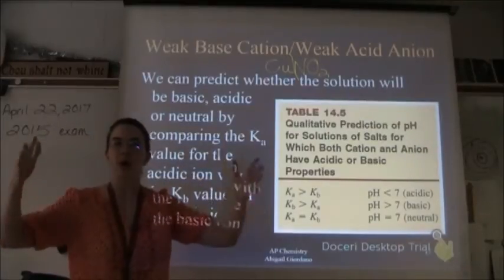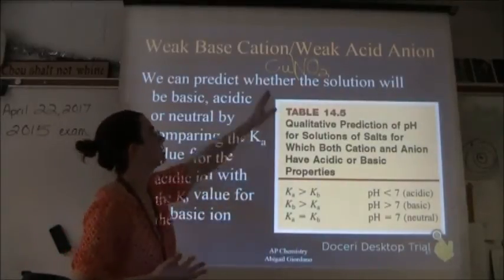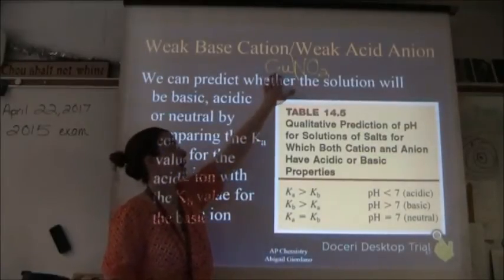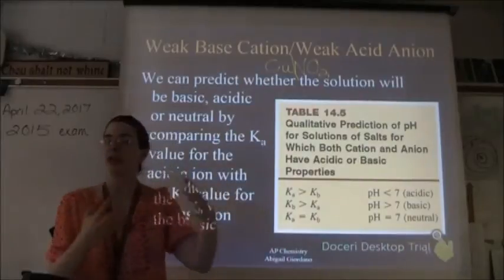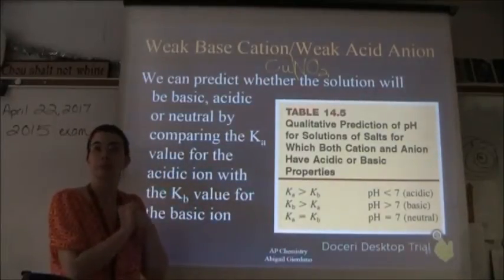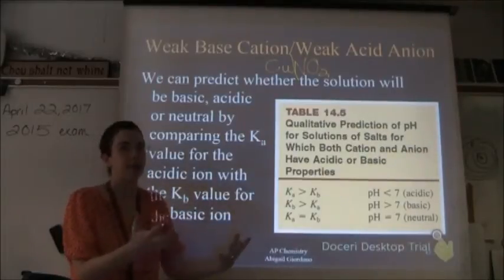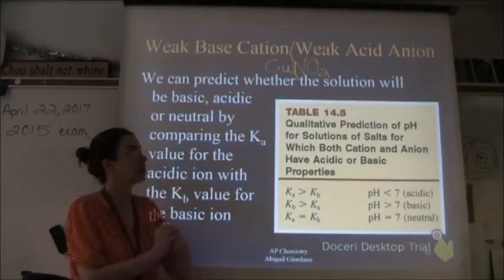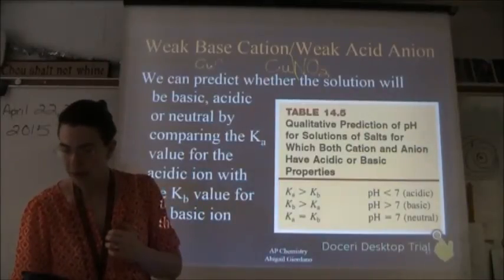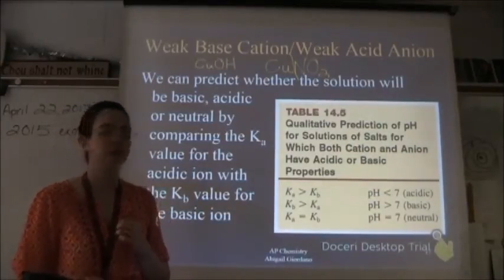Let's go through that thought process. Repetition is good. Your cation forms a base, and it's a metal, so this should be a little easier than our previous example. What base? Well, what base by name? Like what compound? Copper 1 hydroxide. Okay. Strong or weak?